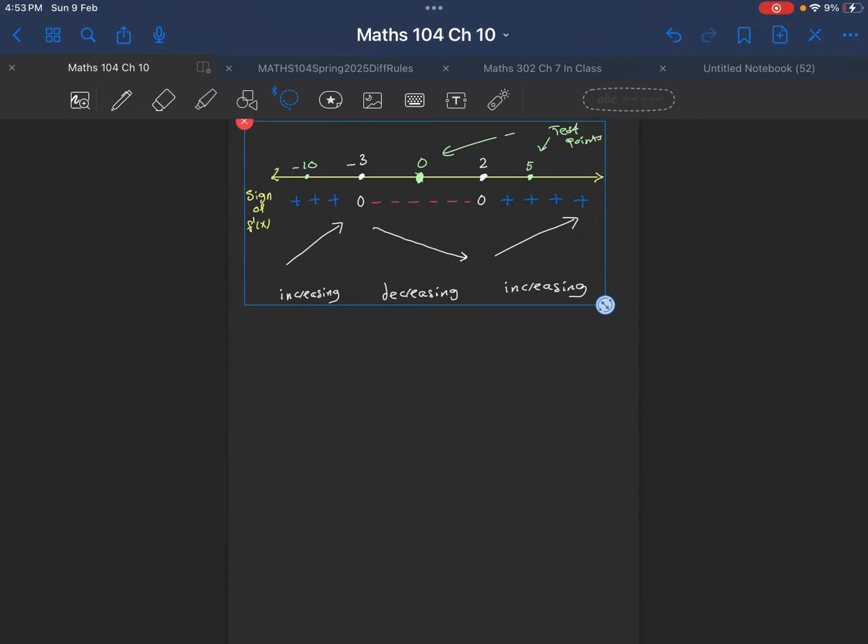So local maximum is at x equal. Now, what does maximum mean? Maximum means the function goes up and then down. Now, look at here. The function goes up and then it goes down. So at x equal -3 is the local maximum.